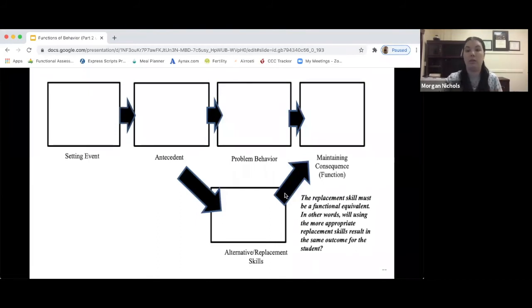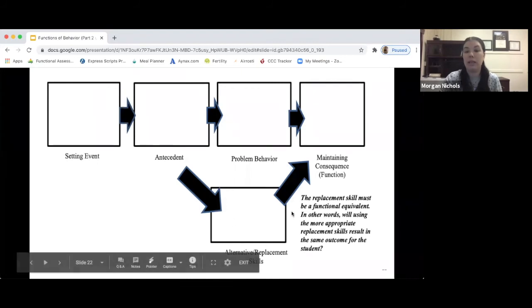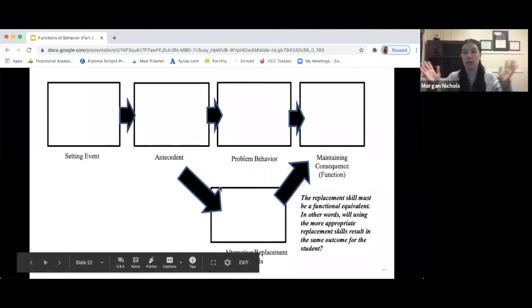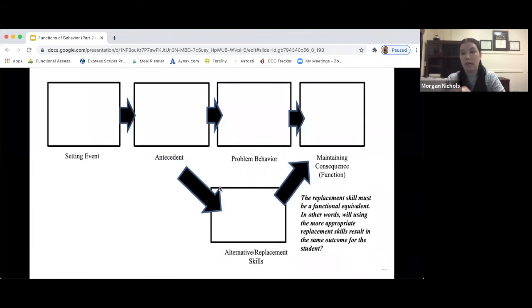right? But we need to make sure that we're reliably here first with this alternative or replacement behavior, because if we're not here and we just immediately say, no, you can't have a break, we need you to do work first, they're going to go right back to their problem behaviors of running away, hitting, kicking, which are very bad, right? To get what they want, which is escape.